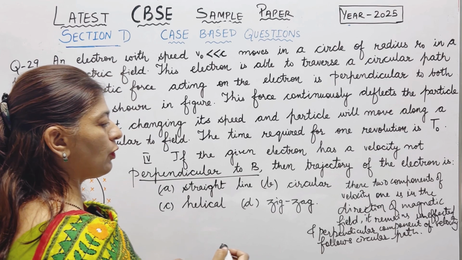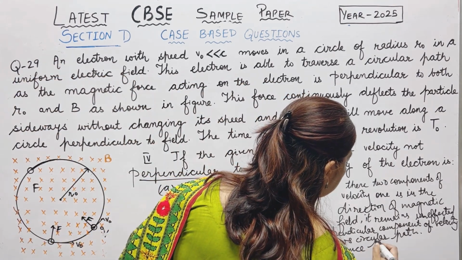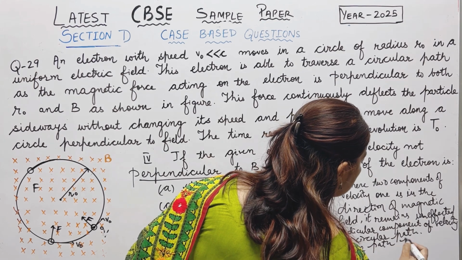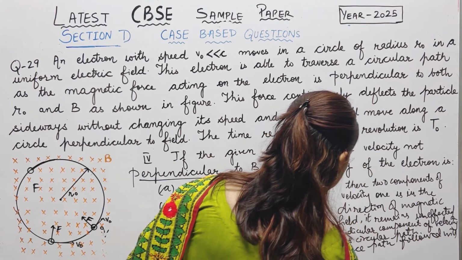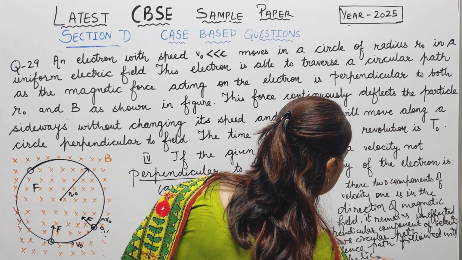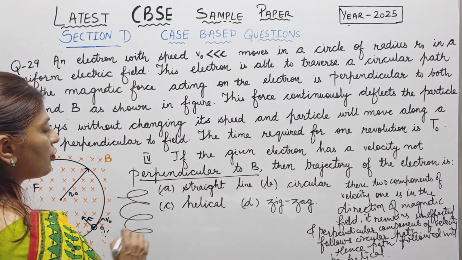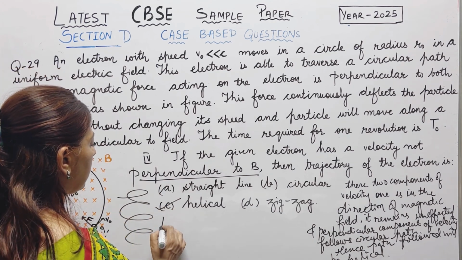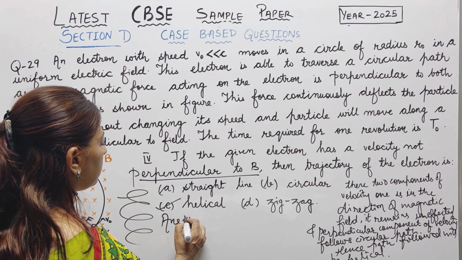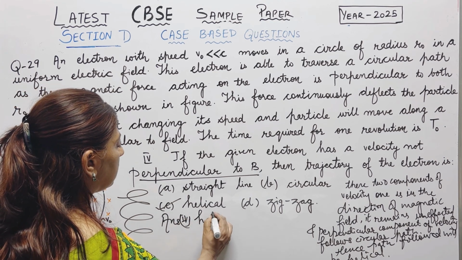So it will follow a helical path. Hence, the path followed will be helical. The helical path will be followed like this. So the answer for the fourth one is the C part. Answer for the fourth is helical.